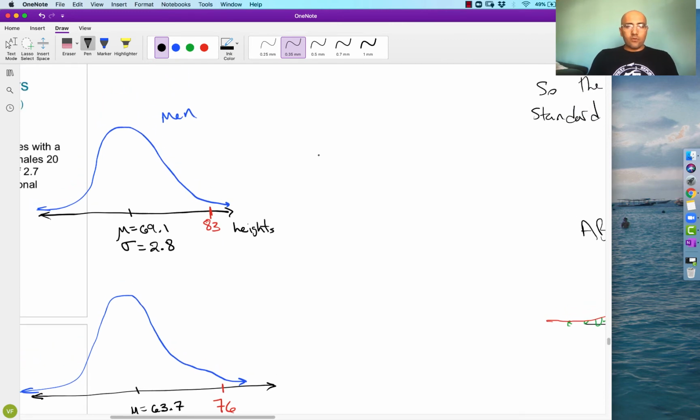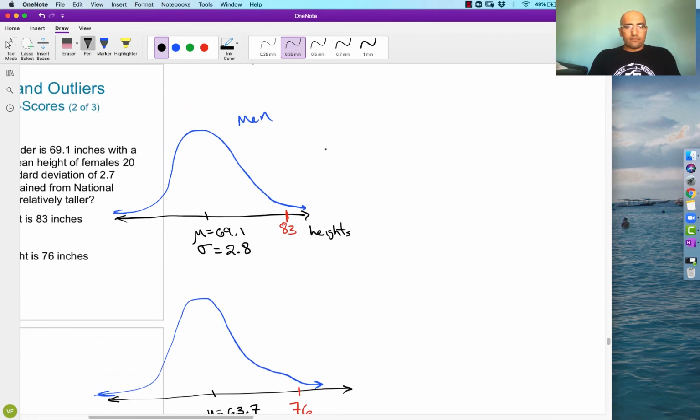So the z-score related to the 83 is going to be 83 minus the mean, which is 69.1, divided by 2.8.